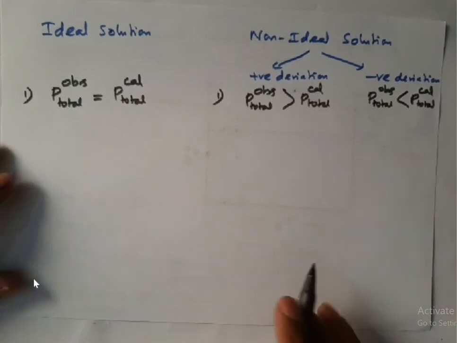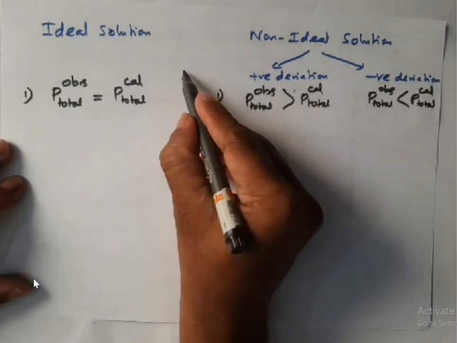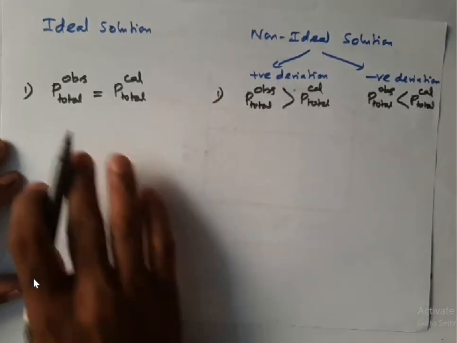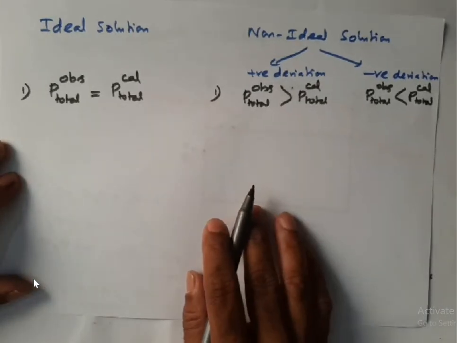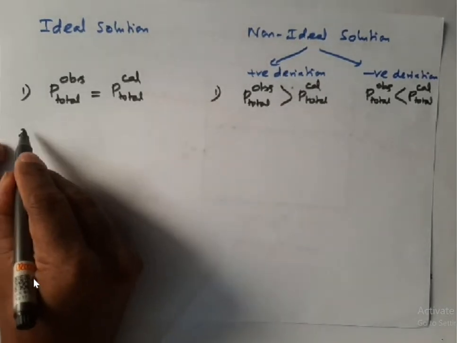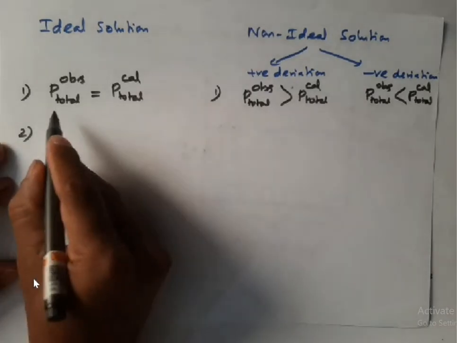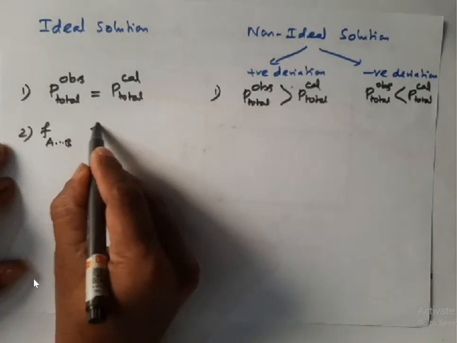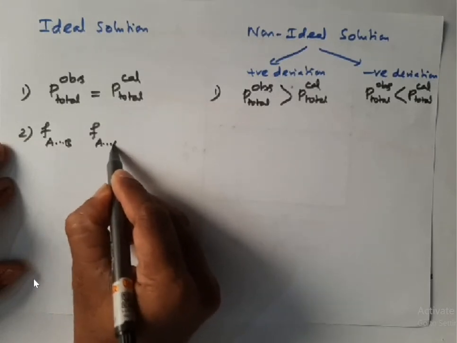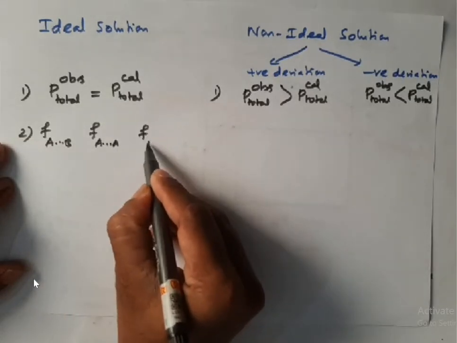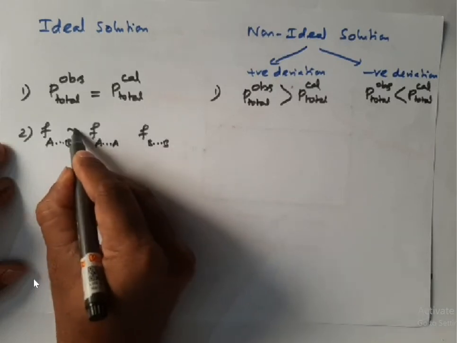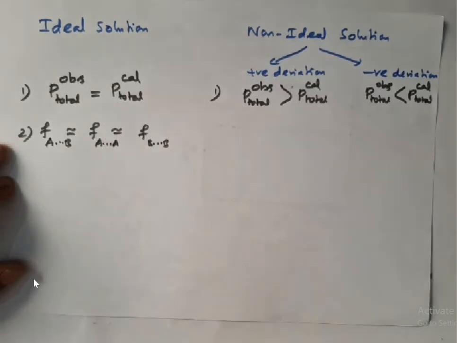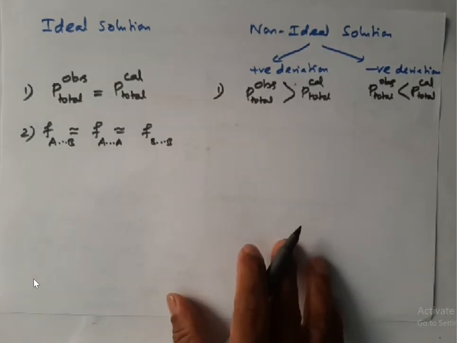Okay, students, is this clear? Any doubt? This is the first point. Second point, in this case, force of attraction between AB and force of attraction between AA and force of attraction between BB, all are roughly equal for ideal solution.